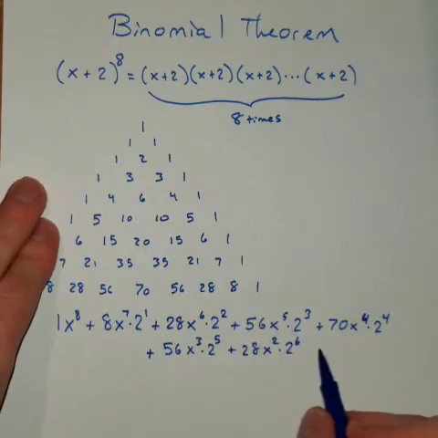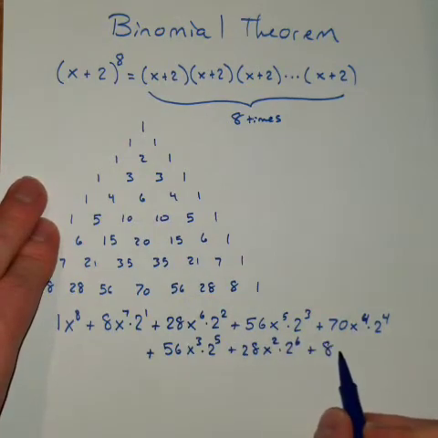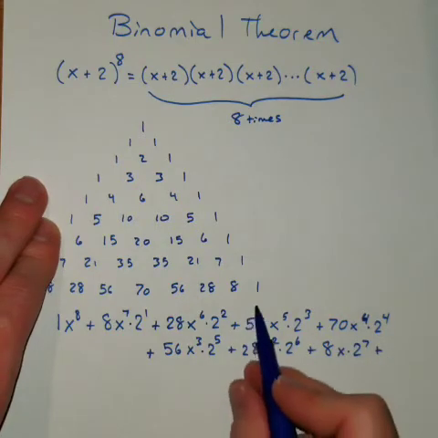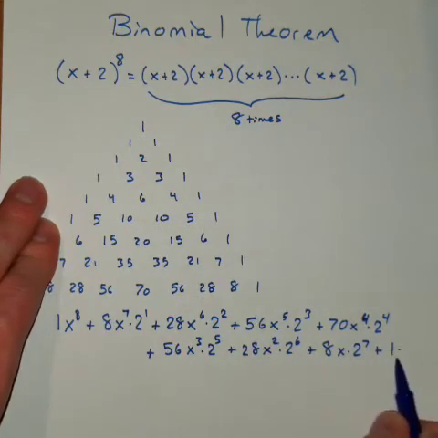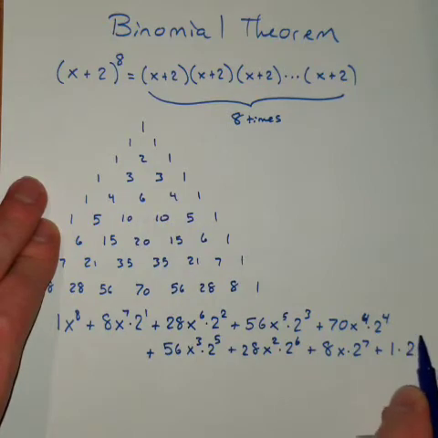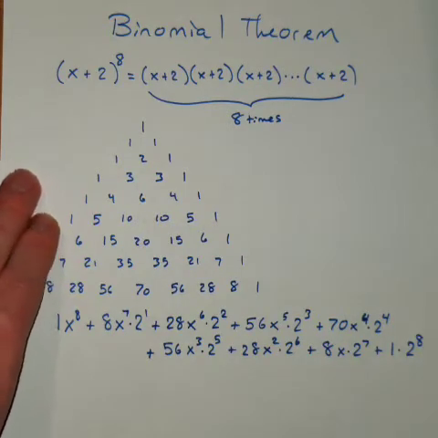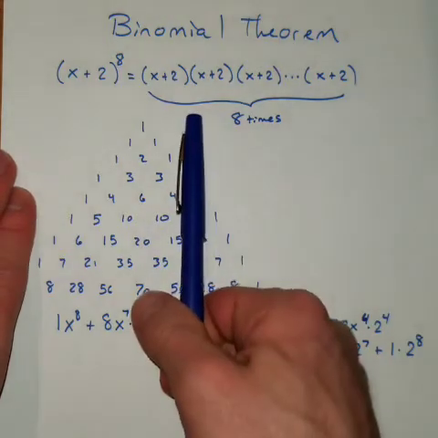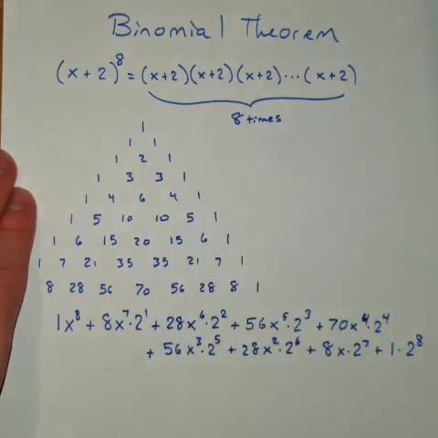And then you go with an 8 for the next coefficient. That's 8x times 2 to the 7th. And then the final coefficient is 1, and then you get 2 to the 8th. Okay, now that's long, but it's still way faster than doing this multiplication 8 times.